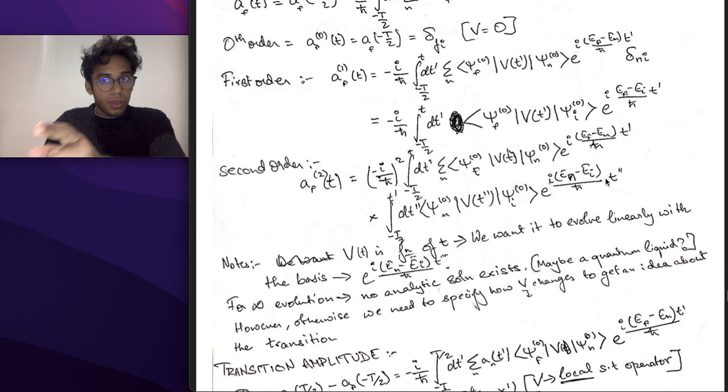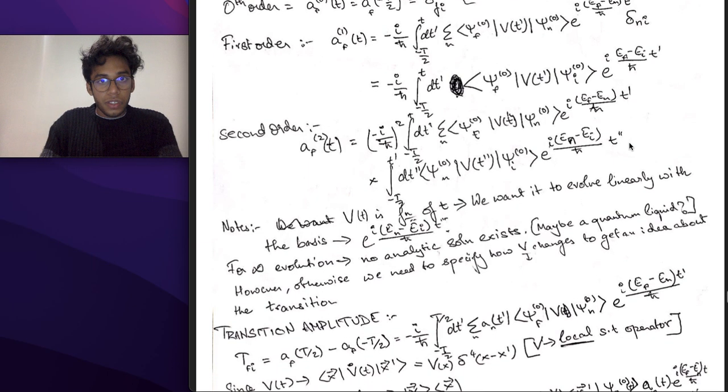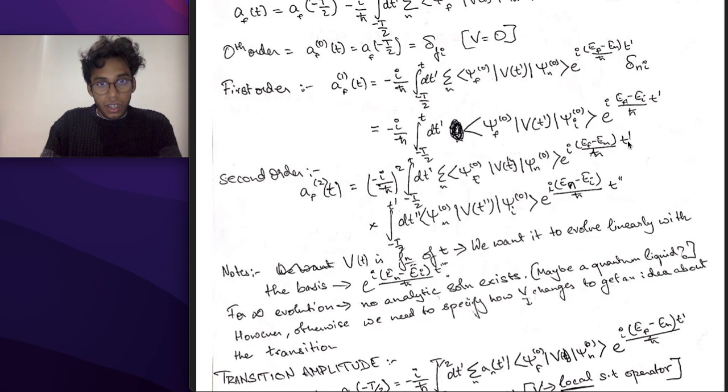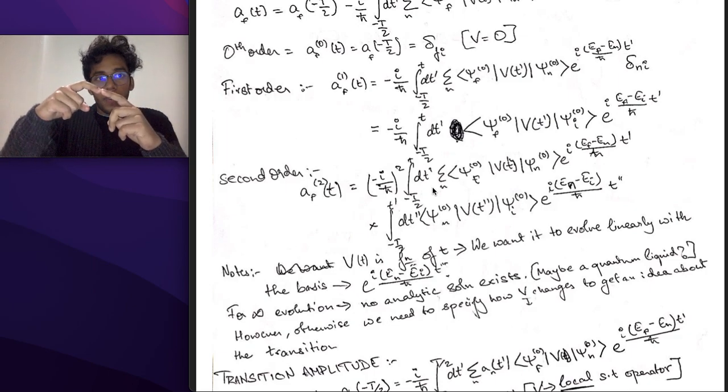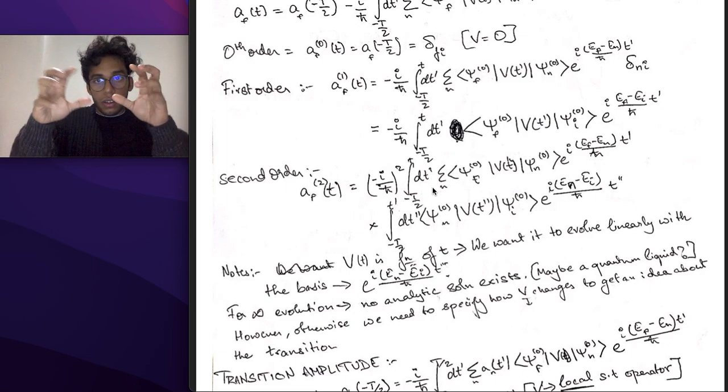So just pay attention to this because it will become extremely useful in a little bit when you calculate transition amplitudes. Then you have the same kind of expansion for the second order, where you have two moments of time instead of one point, so you have two points to correct around that curve.